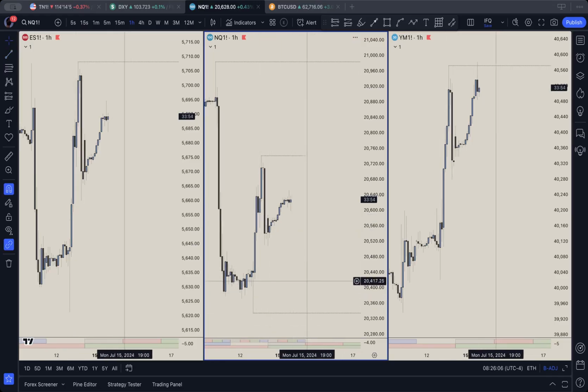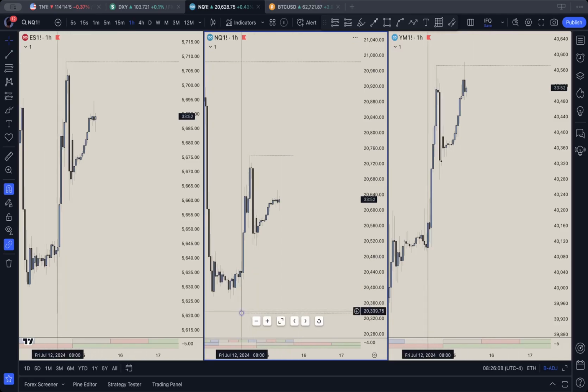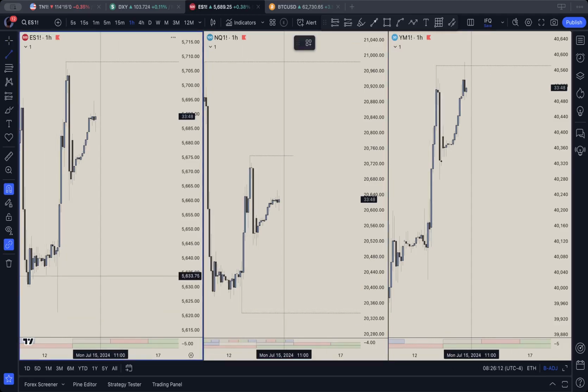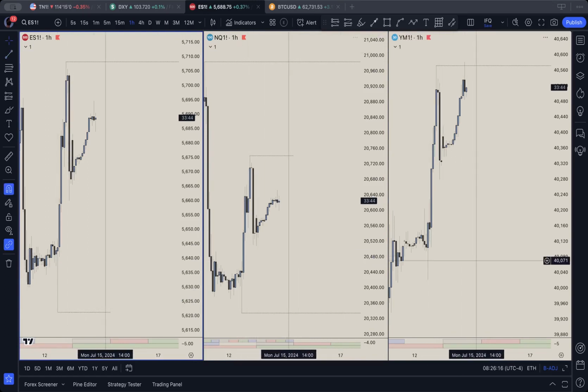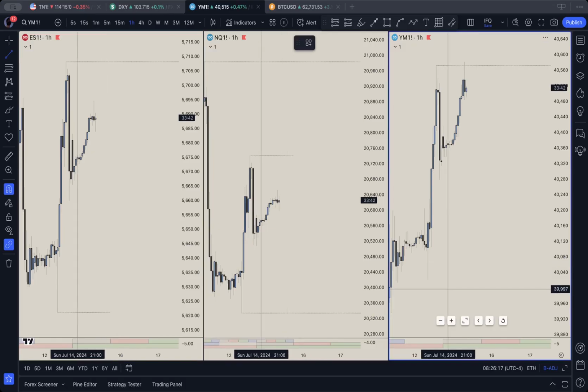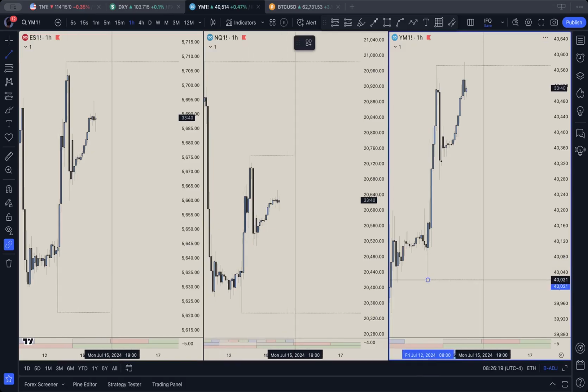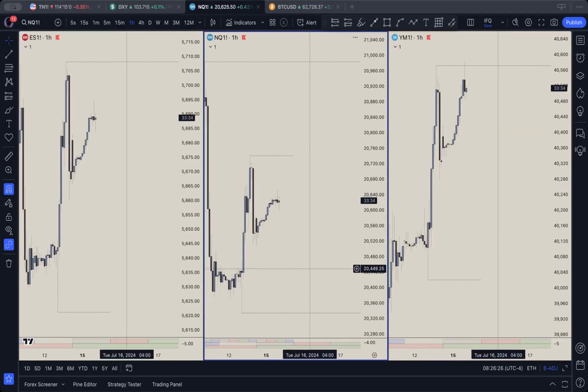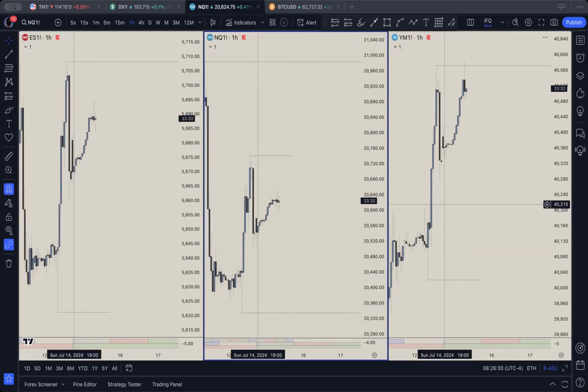What's significant about Friday's low is that it's also previous week low on NQ. And then here, once again, just marking out my previous day low. And you can see once again, there's not much to do.